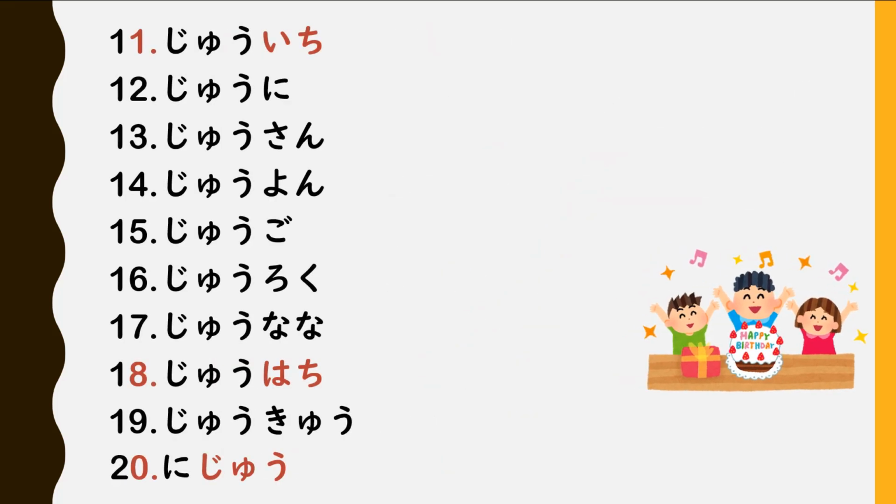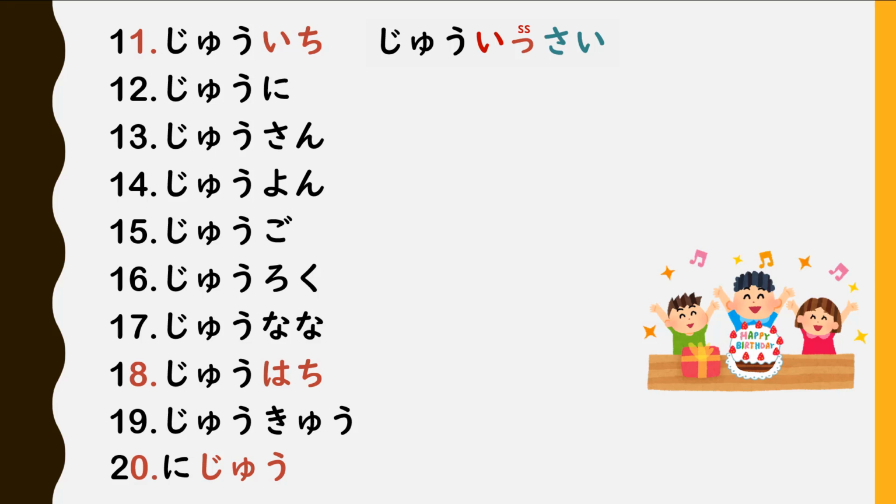Now let's look at the numbers from 11 to 20. 11、12、13、14、15、16、17、18、19、20. And the corresponding ages.